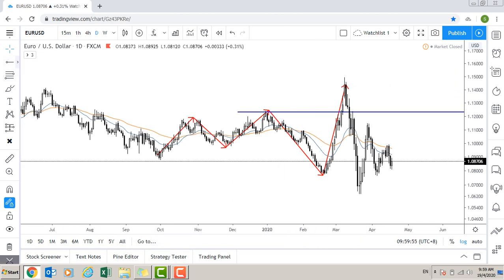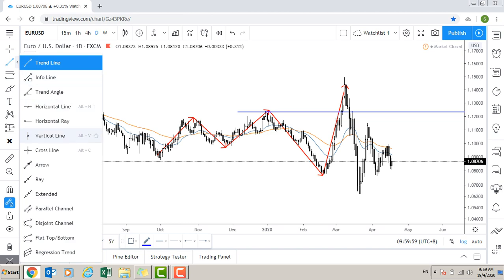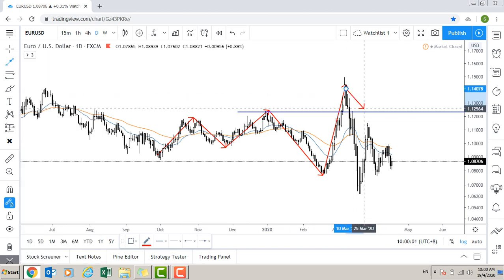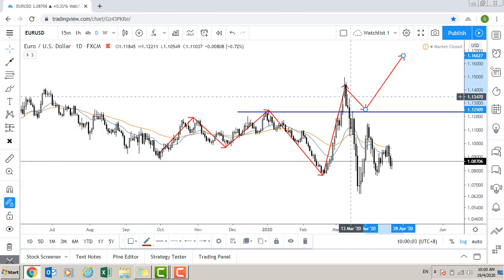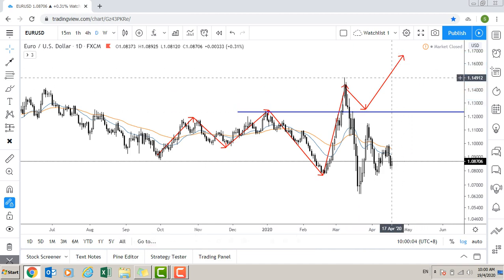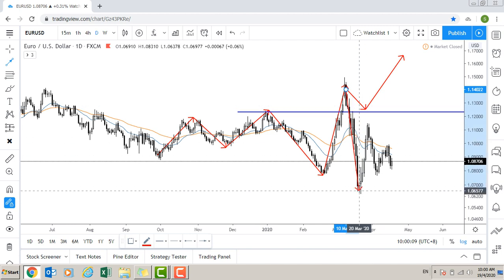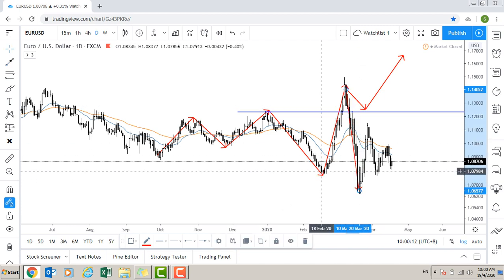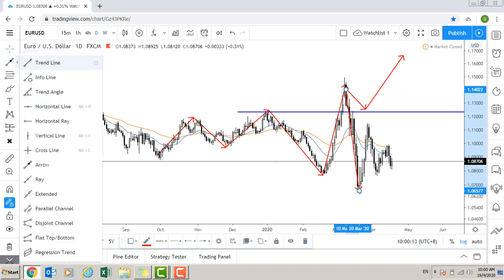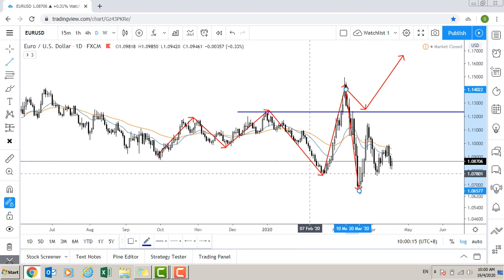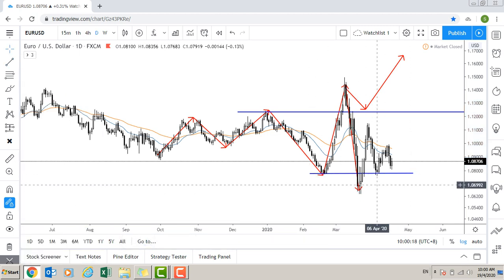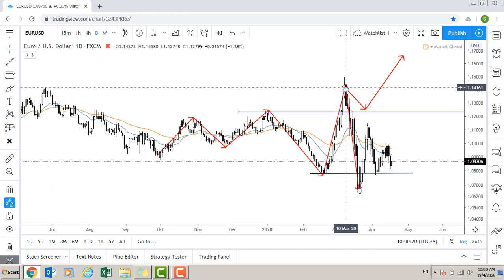So I'm waiting for the price to form a higher high pattern. However, it didn't happen. It actually pushed down, or even closed below this low. So when the price closes below this low and below this high, we can see it's an extended situation.